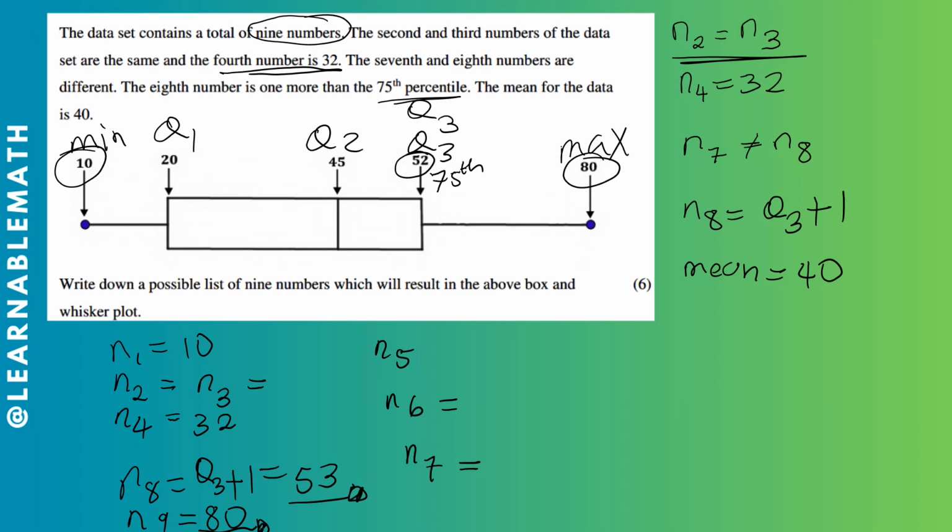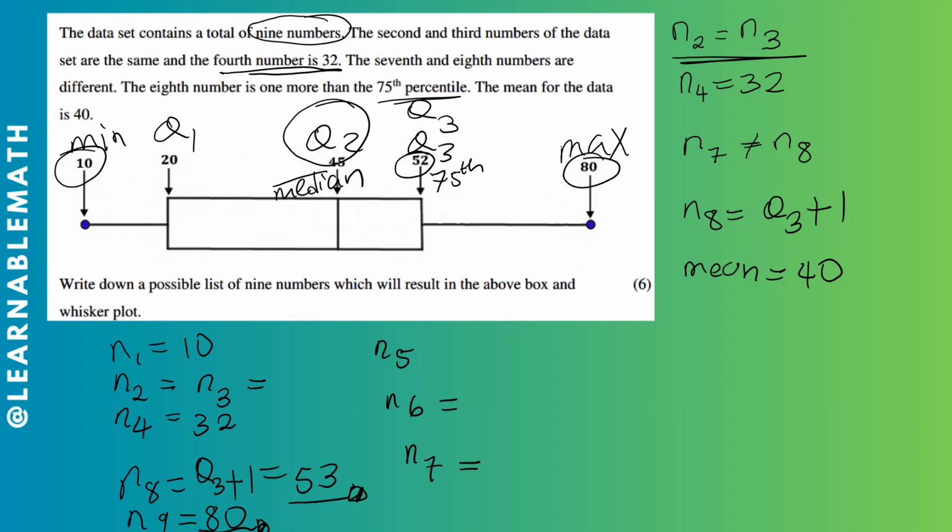Look at something here. You have your first quartile here, Q1, which is equal to 20. It's quite much easier to start with the middle value. Q2 is 45, and this is the median.